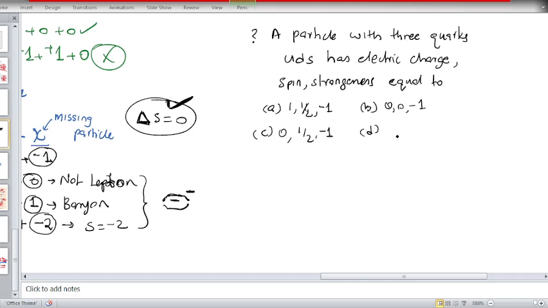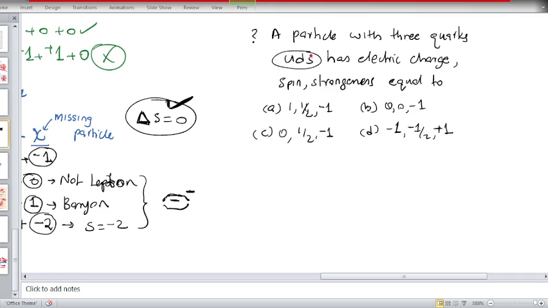Option D: minus 1, minus half, and plus 1. So these are the given options. Now you have to check. It is given that the particle has a quark structure of UDS.